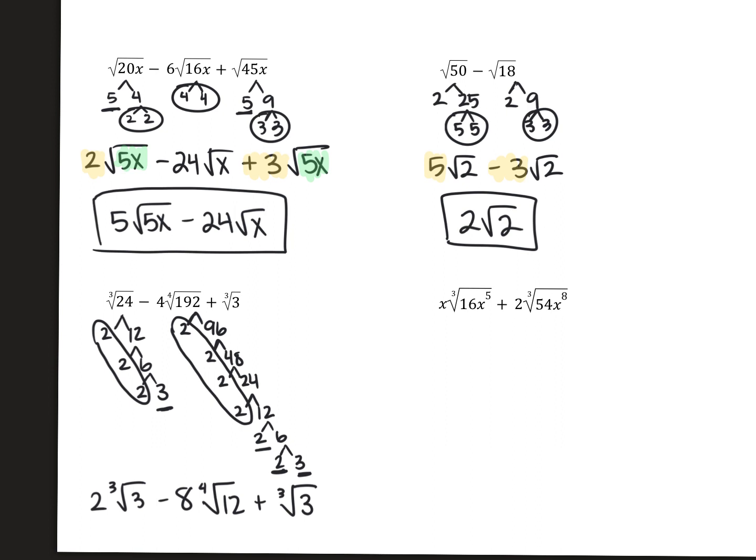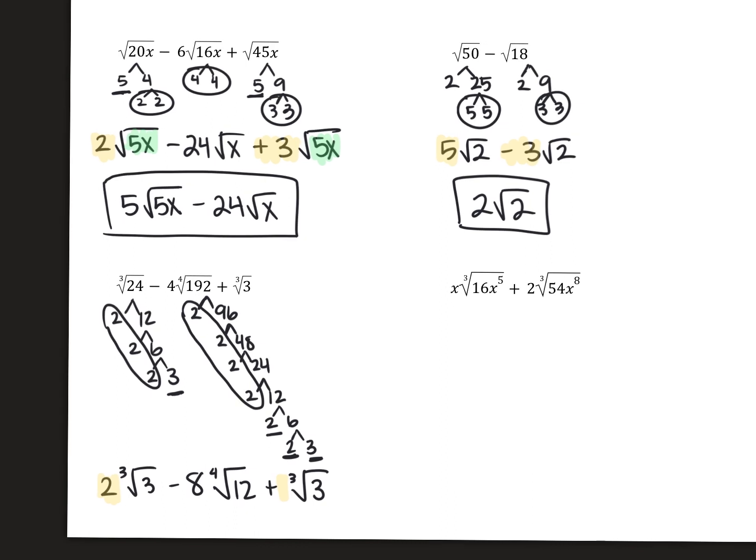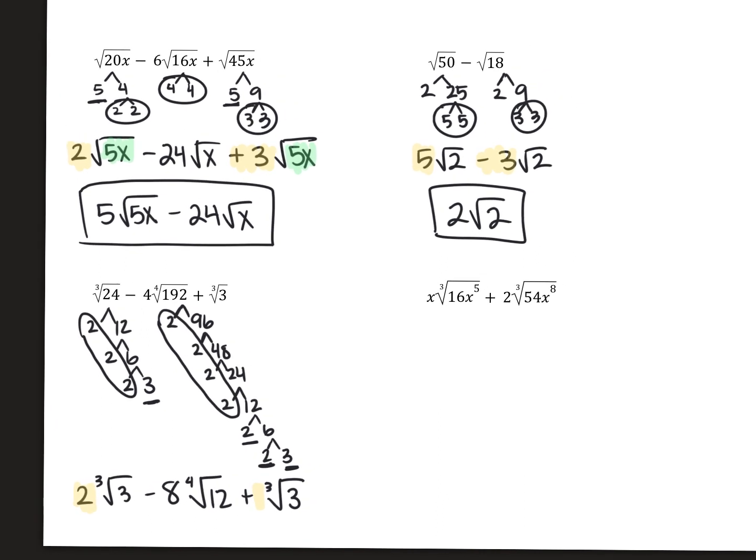So now I have like terms. I have my 2 cube root 3, and I have this invisible 1. So I don't write the 1 in front, but it is there. So I have 2 plus 1. So this is giving me 3 cube root 3 minus 8 fourth root 12.